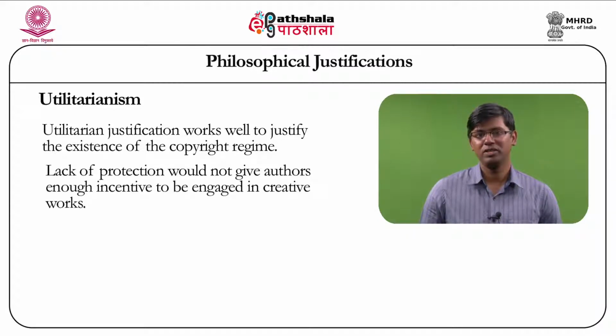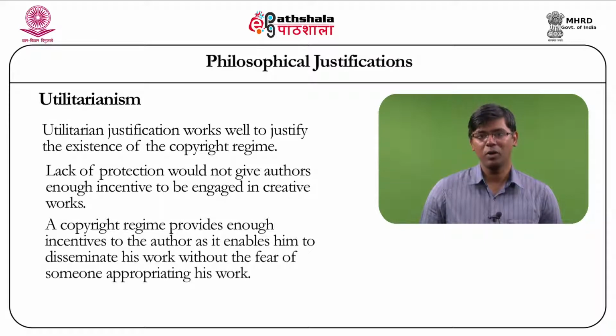But if the author is granted a certain period of protection, then it will allow him to come forward with the work, publish the work, and also recoup the costs and earn royalties by sales of books.